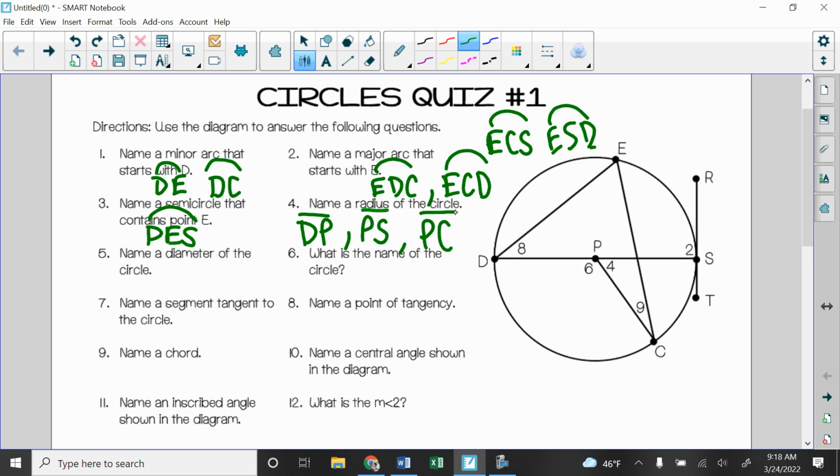What's the diameter? PE, there's no segment. DS, yep, or you could have it backwards, SD. EC doesn't go through the center, so it can't be a diameter. What is the name of the circle? Circle P.